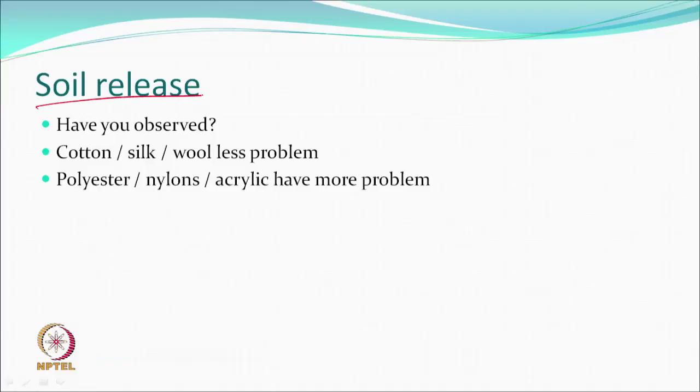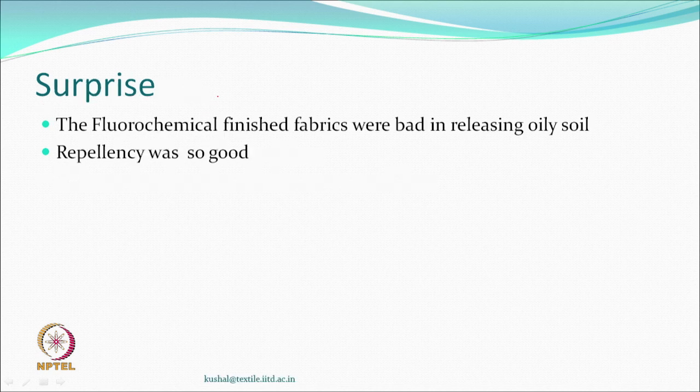Maybe the release was not good enough, that your washing treatments were not able to take them out for whatever reason. If that is true, then we have to worry about release. If some such soil which are deliberate or inadvertently get onto the textiles and into the textile, then how do you remove them? Let us see what happened with our fluorochemical treatment.